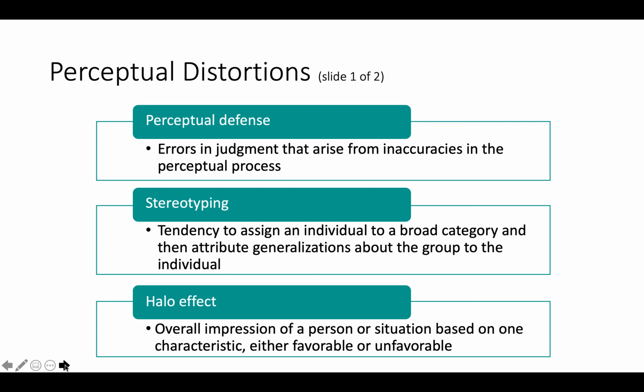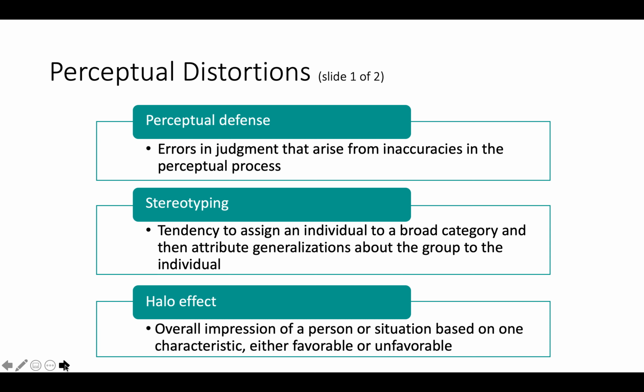Now, there are some perceptual distortions that your book talks about, perceptual defense. These are errors in judgment that arise from inaccuracies in the perceptual process. You misjudged something because you perceived it to be one thing and it wasn't. Stereotyping is the tendency to assign an individual to a broad category and then generalize about the group.